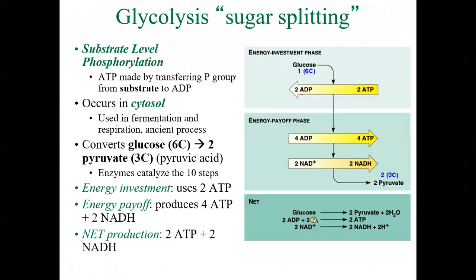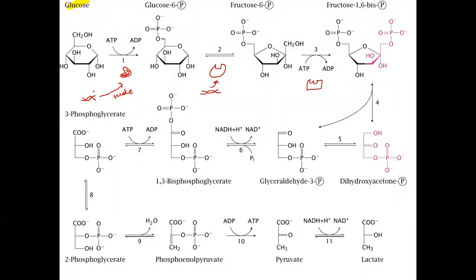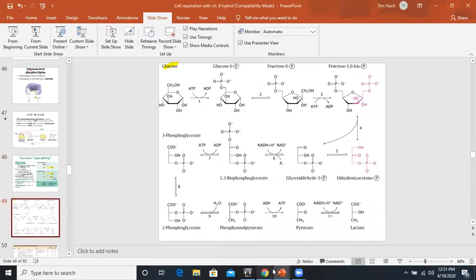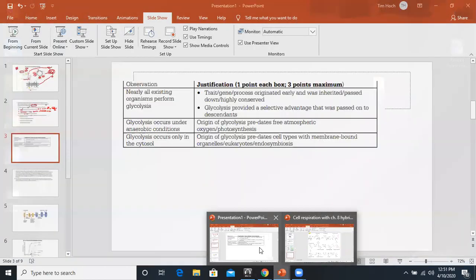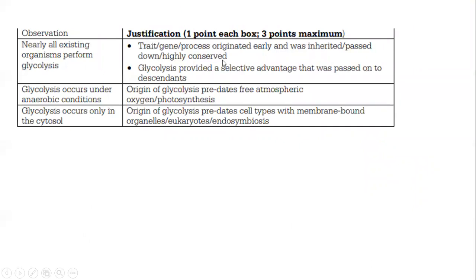This first enzyme involved is hexokinase. There's a gene for hexokinase that we all share, whether prokaryotic or eukaryotic, even in plants. This hexokinase enzyme is the same for the most part among many species. So there's a reason why that served as an advantage and has been passed down. When you go back to this rubric, hopefully this makes a little more sense: the genes to make all those enzymes for glycolysis have been passed down.